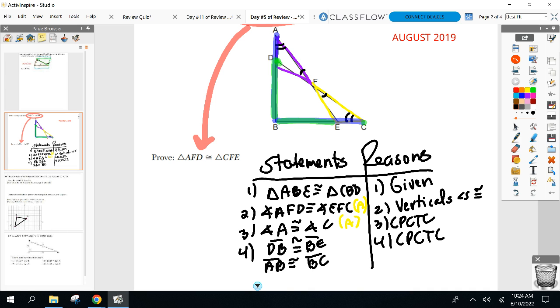And then I'll ask somebody once again, what's the method of proving the triangles congruent? So subtraction, substitution.